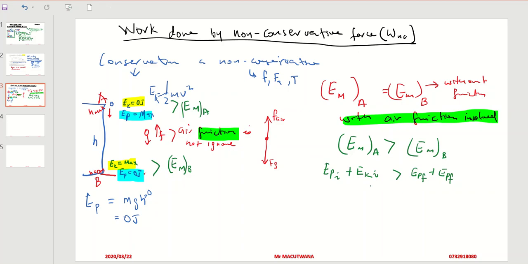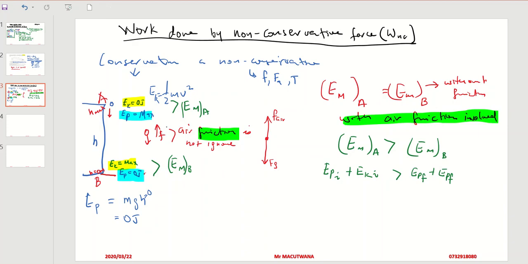If you remember very well, when we're talking about work done, we're saying it is the energy transferred. Energy can be transferred into the system, that means a positive work is done, or energy can be transferred out of the system, that is a negative work done.